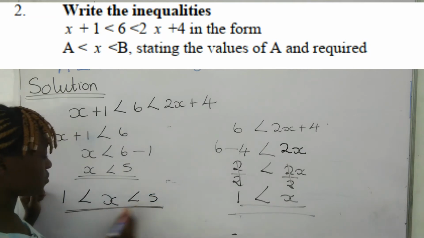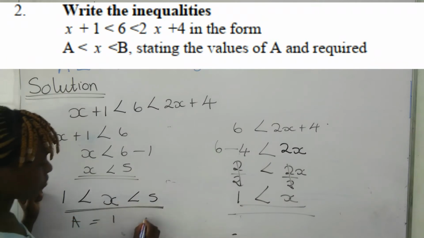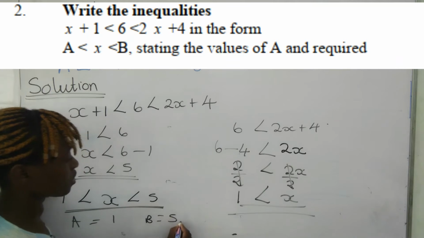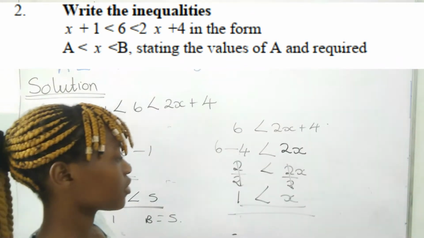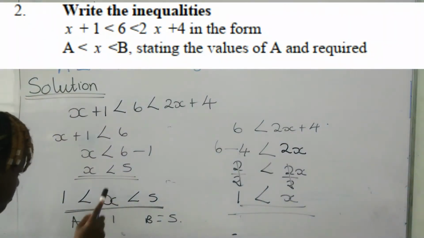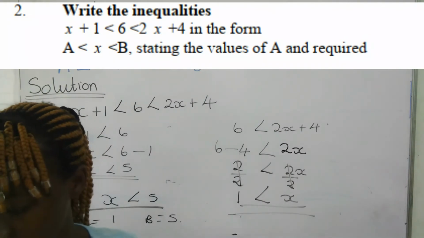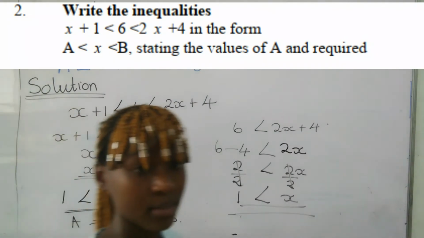So for my a, it's equal to 1, and my b is equal to 5 for this part. Remember that x is the one that should be in the middle. If you remember that, it will make your life much easier.